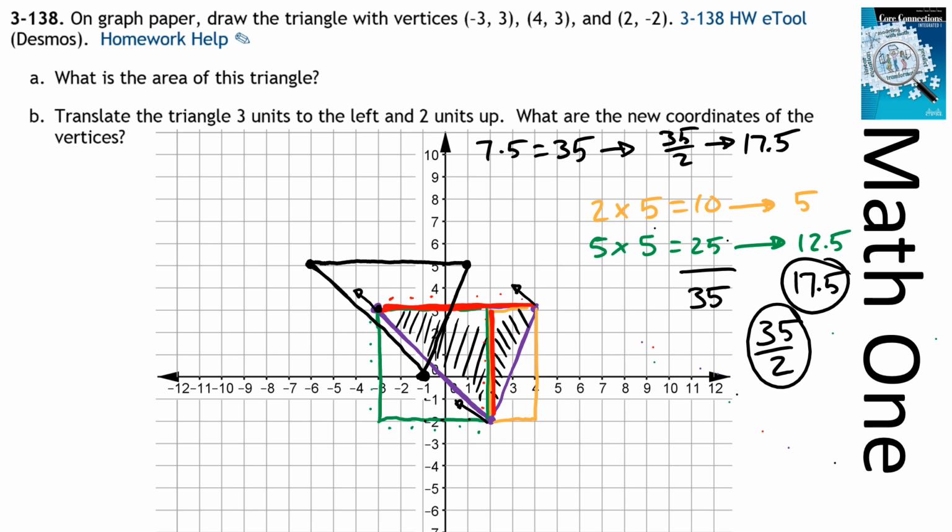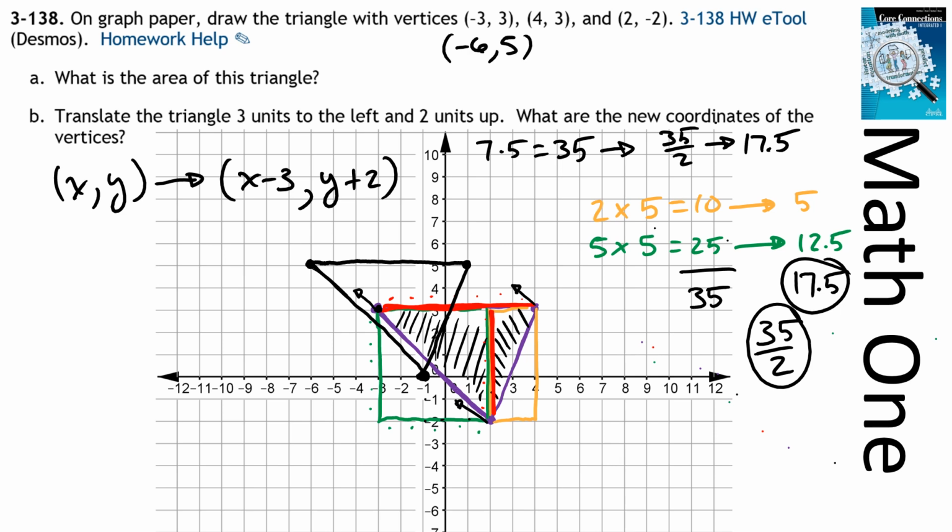Another way that you can write that is if I consider this (x, y) to be the coordinates of my original triangle, the new ones are going to be at whatever x was minus 3. That's how I move 3 to the left. And whatever y is plus 2, that's how I move 2 up. So if I look at that rule, I could quickly write down these coordinates. 3 minus 3 is negative 6, comma 5.